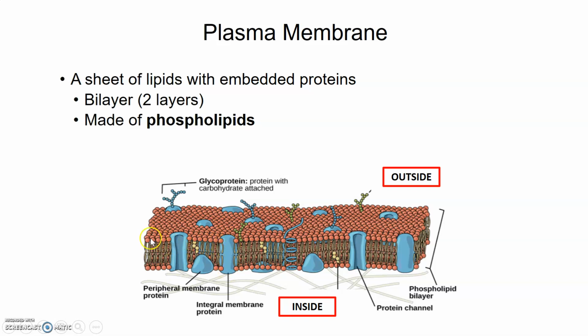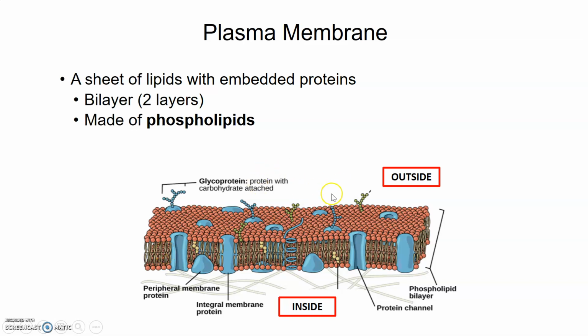And because this lipid sheet has two layers, it's considered a bilayer. And it's made of that specific type of lipid we discussed in last lecture, the phospholipids, which have hydrophilic, water-loving heads outward, and hydrophobic or water-fearing tails inside, right?